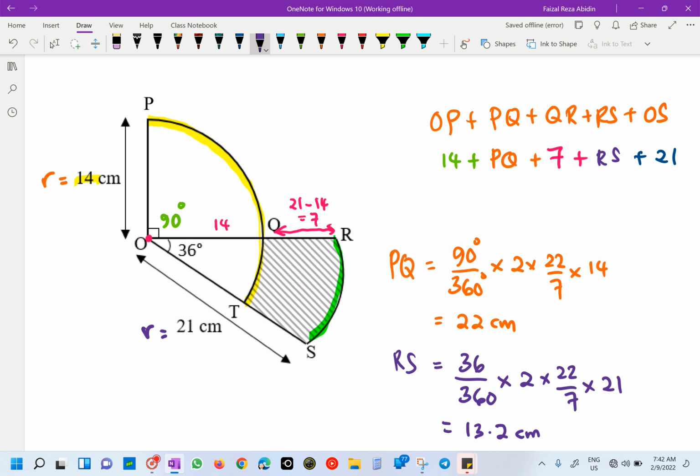Then you are going to substitute back into the perimeter we are going to find just now. So over here we are going to get 14 plus with PQ over here is 22, plus with 7, plus with RS here is 13.2, plus with 21.